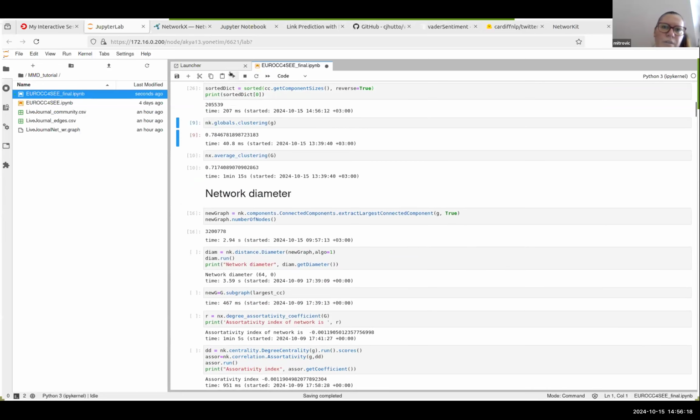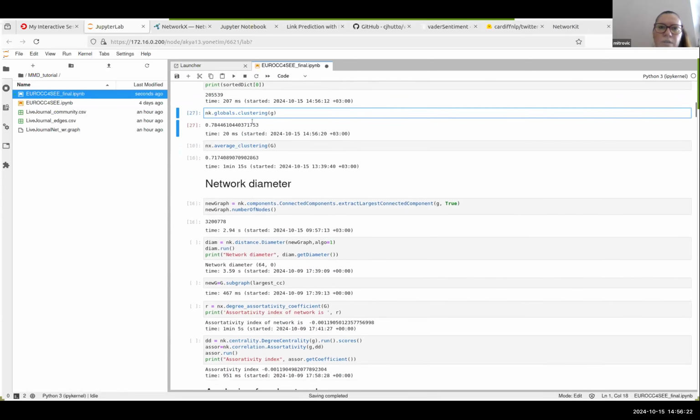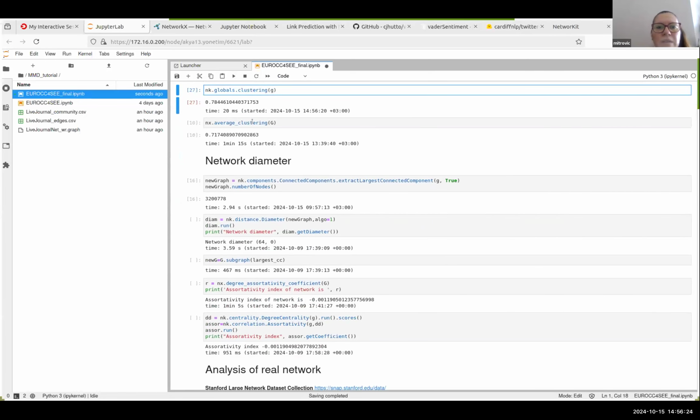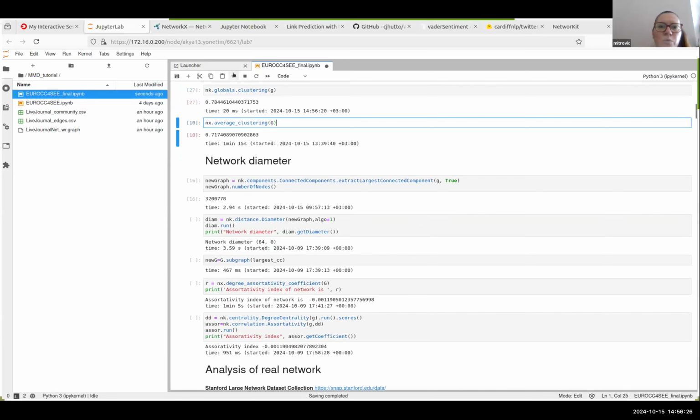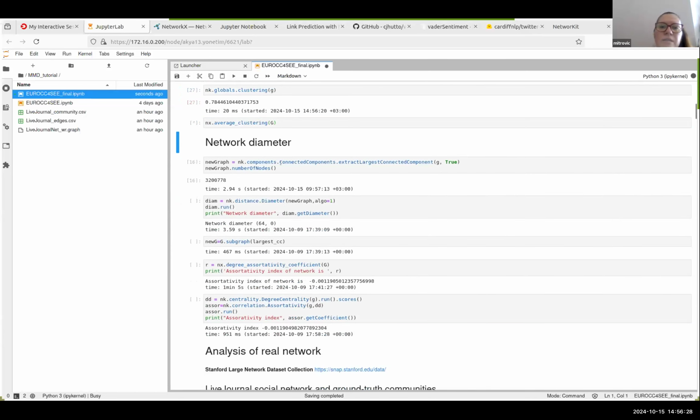What we can do further is calculate the clustering coefficient using NetworkKit. It takes like 20 milliseconds, but as you will see for NetworkX, it will take much longer.